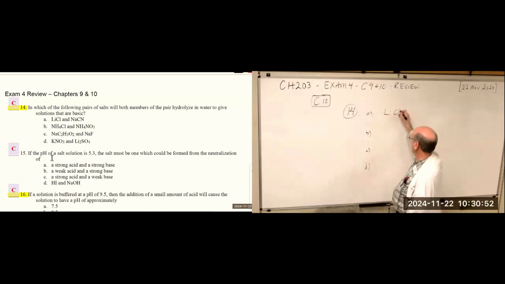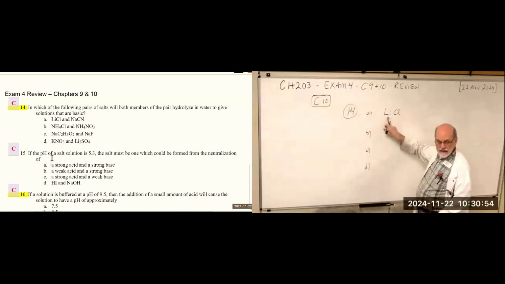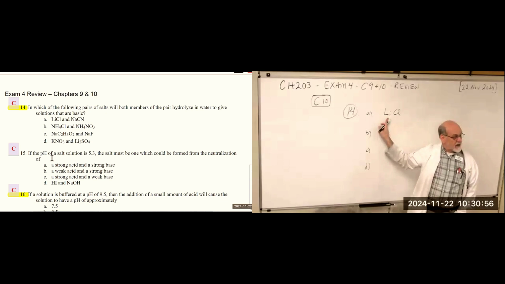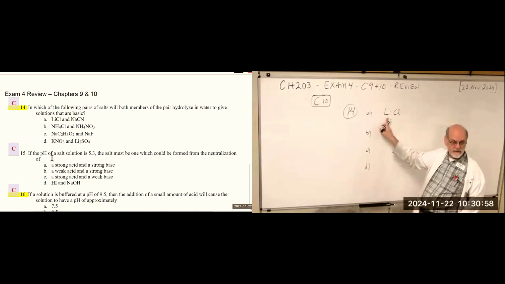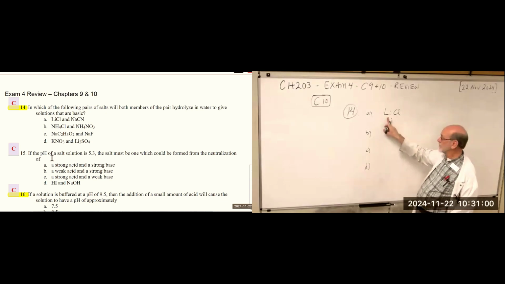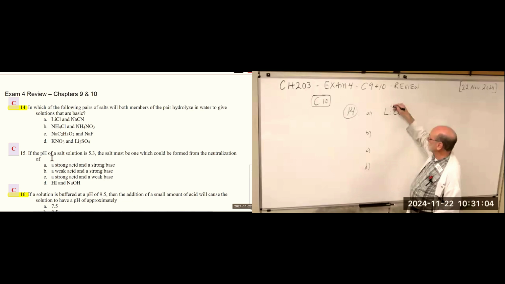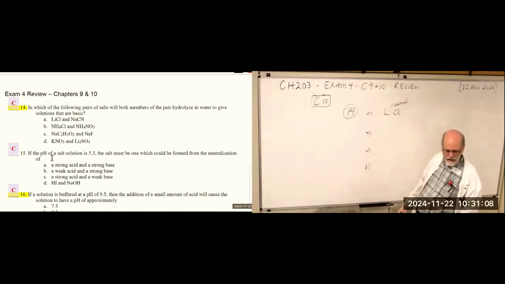Lithium chloride. Lithium is an alkali metal. Lithium hydroxide is a strong base. Hydrochloric acid is strong acid. This is neutral. We want a basic solution, so it doesn't matter what the other one is.